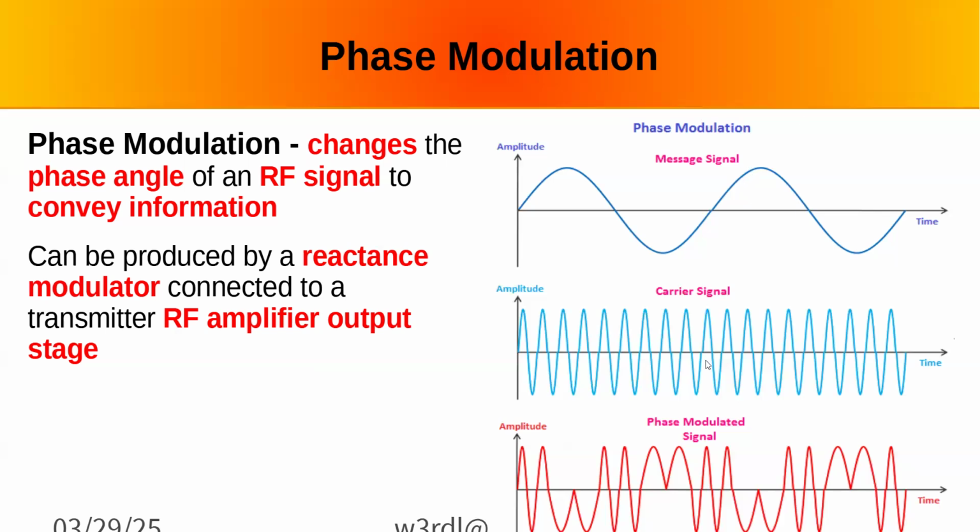You having trouble with the phase modulated signal? Yeah. This one's easy compared to some of the others. It's hard to see. It's like trying to look at a single sideband modulation.